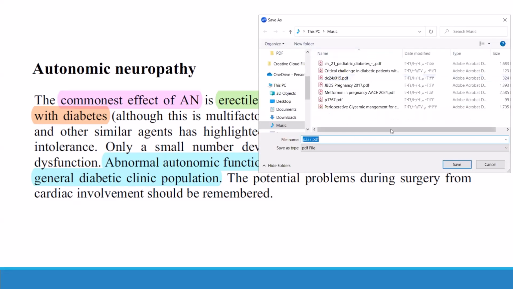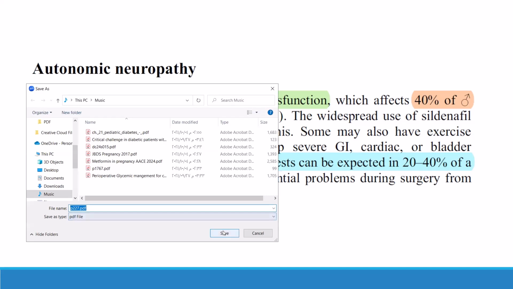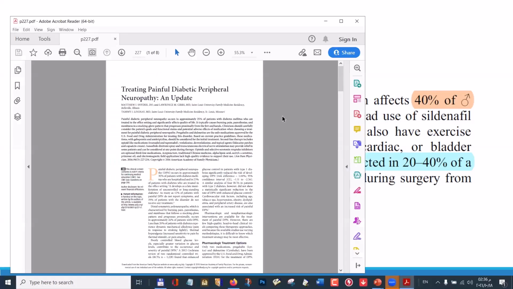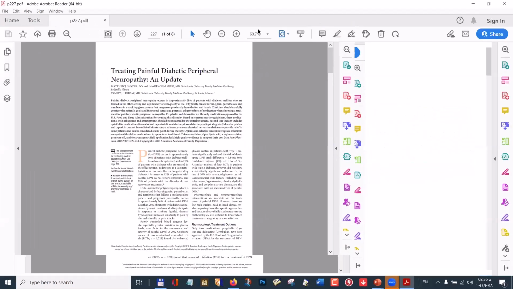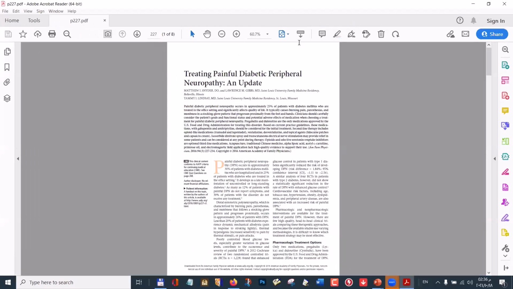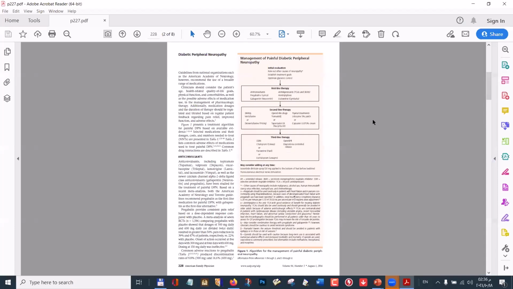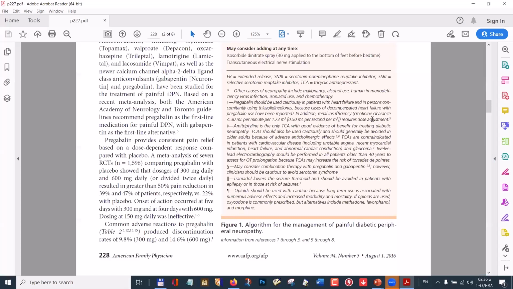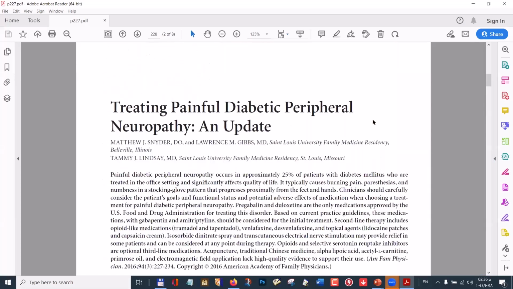And actually, Dr. Hussam Hosni brought this paper, and I know that any paper starting with B will be, I think, from a family physician journal, the American Family Physician. Yes, this is from the American Family Physician. This paper is a very important one, treating painful diabetic peripheral neuropathy update, but actually this paper was published, I think, in 2016.